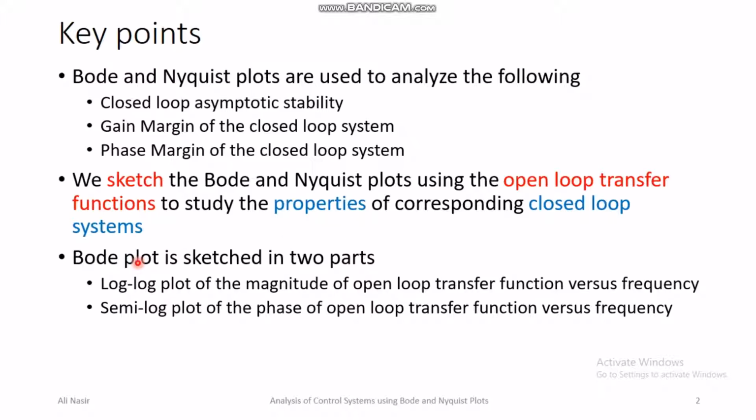So Bode plot is sketched in two parts. First of all, there is a log-log plot of magnitude of the open loop transfer function versus frequency. So in the first part of the Bode plot, you have y-axis and x-axis in logarithmic scale, and usually the log to the base 10 is used, and in logarithmic scale you plot the magnitude of the open loop transfer function versus the frequency.